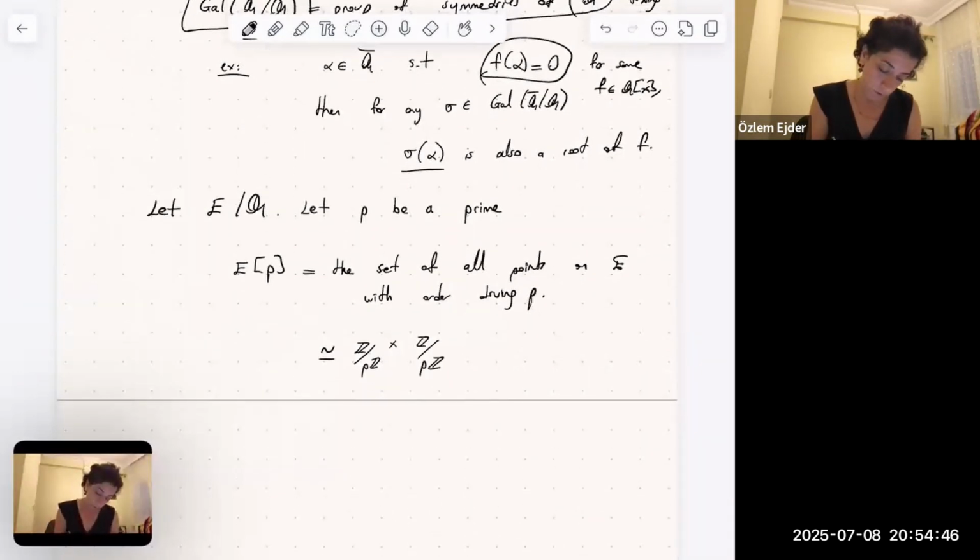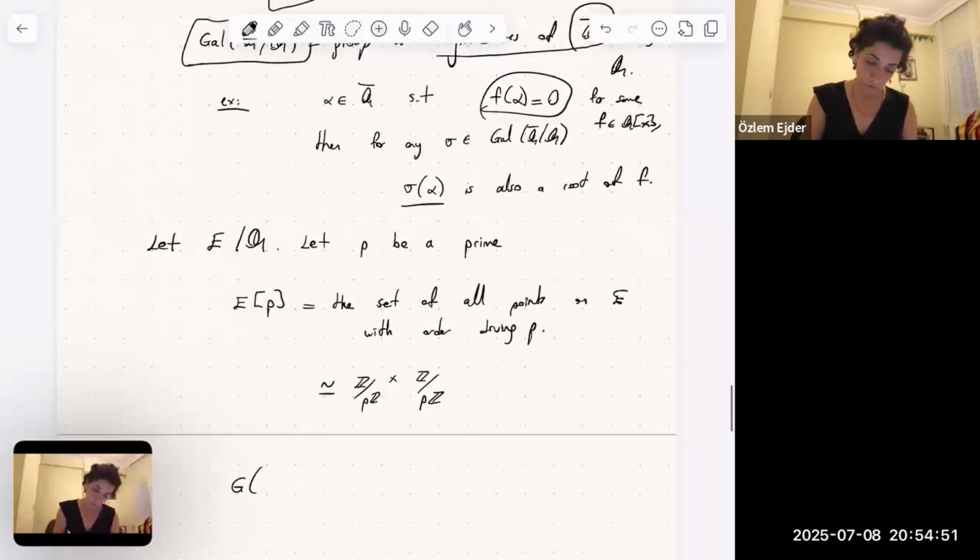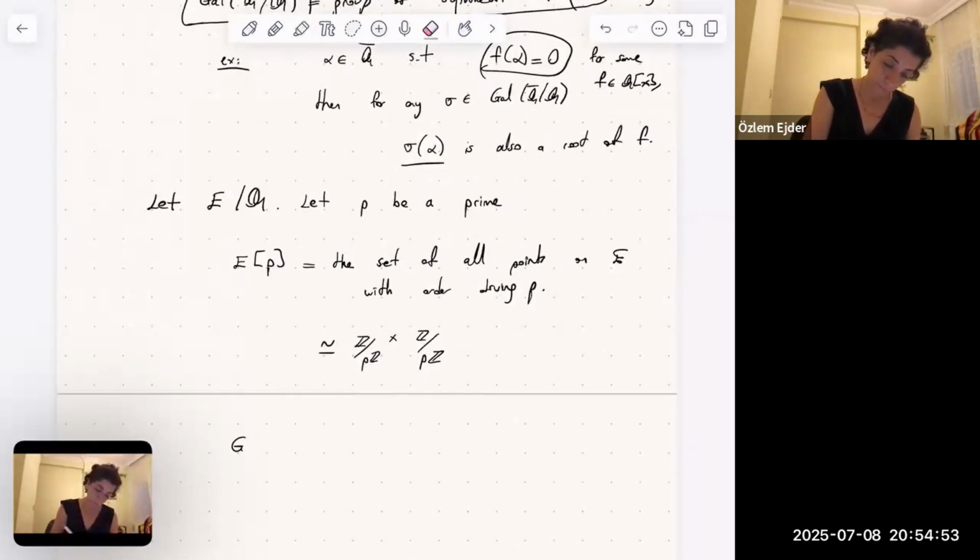And so what happens here is that the Galois group of Qbar over Q acts on this set. Which means that I have a homomorphism from this group into the automorphism group of E[P].